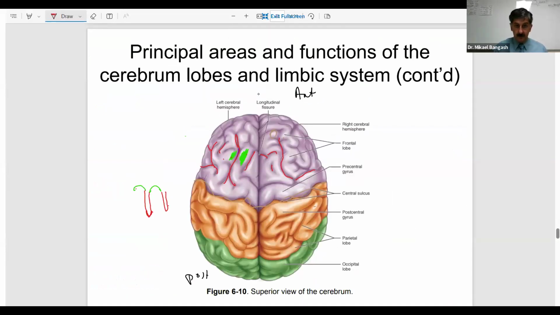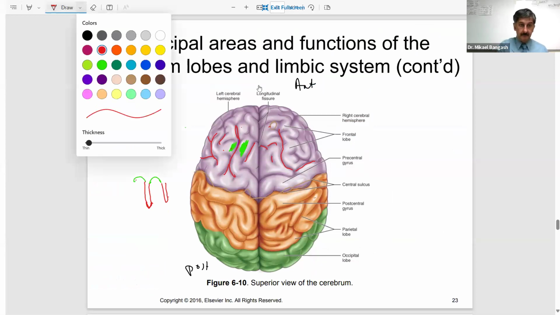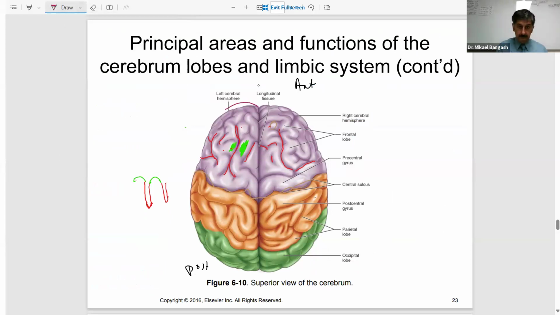Okay, so this was your cerebrum, or the brain as we call it. But we actually could say that we had two cerebral hemispheres. A right cerebral hemisphere and a left cerebral hemisphere.